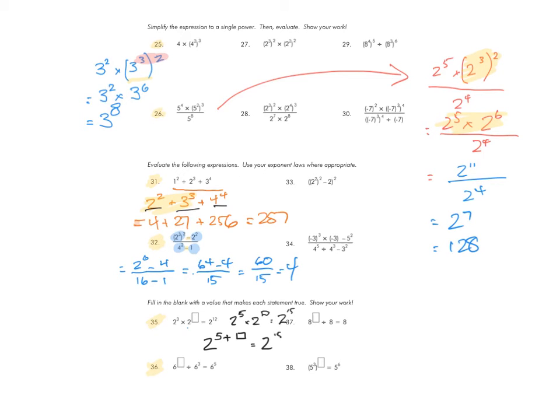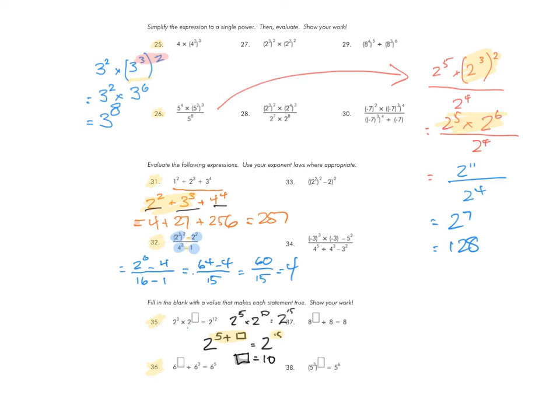And what we need to do is we need to focus on this thing. 5 plus something is 15. So the question is 5 plus what? 5 plus what is 15? And of course, the answer is 5 plus 10 is 15.